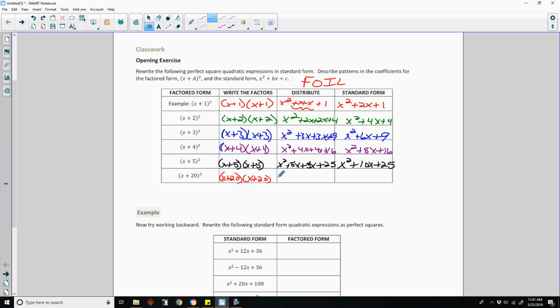Okay, and then x times x is x squared, plus x times 20 is 20x, plus 20 times x, which is 20x, and then the last are 20 times 20, which is 400. Okay, so that will give me x squared plus, adding the middle terms, 40x plus 400.